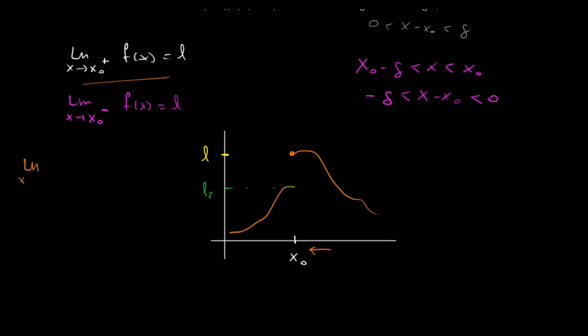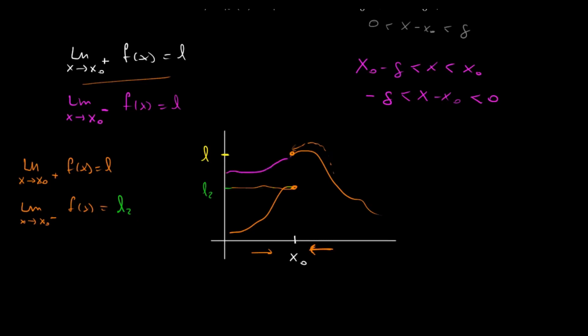We have that the limit when x tends to x0 from the right, that is in this direction, of f is, if we come like this, we know that the final value is near L. But now the limit coming from the left has this value as a limit, which is L2. So the limit when x tends to x0 from the left of f of x is equal to L2.